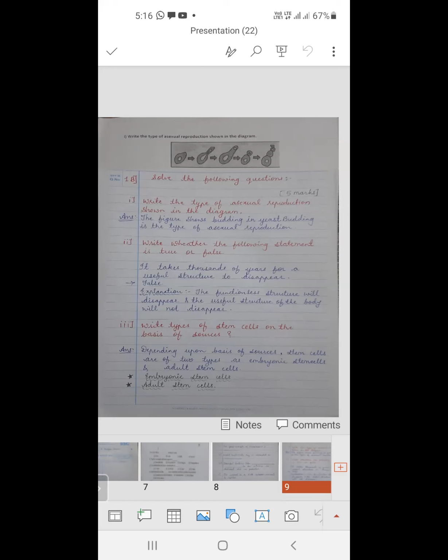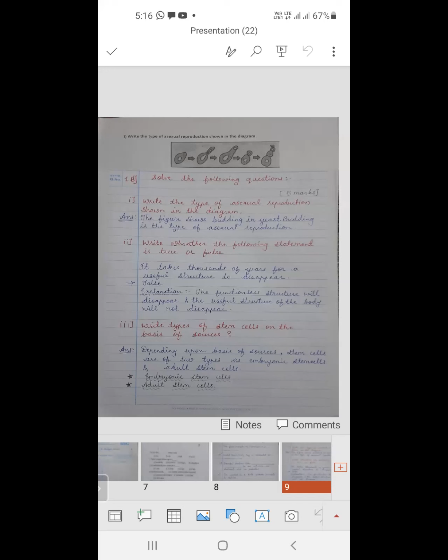The answer is, the figure shows budding in yeast, and budding is a type of asexual reproduction. So this is one type of asexual reproduction.